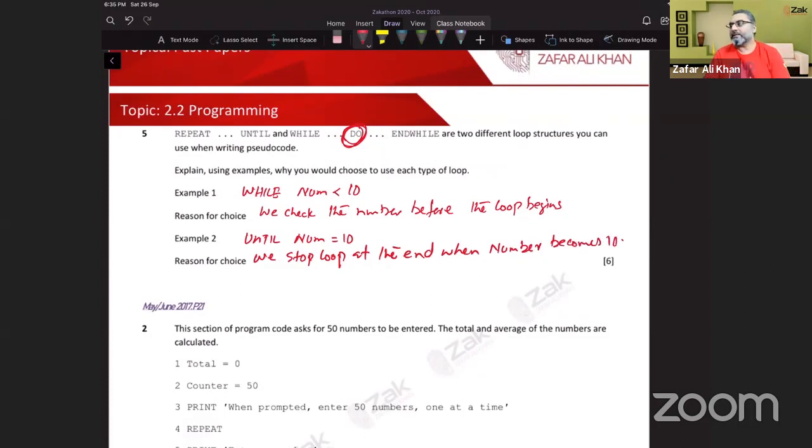So see, they both are the same, but the way we ask for it is different. In while it would go on until number becomes 10, and in until it will go on until number becomes 10. Only the way to put it is different.